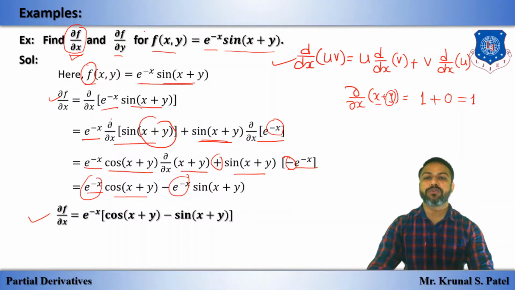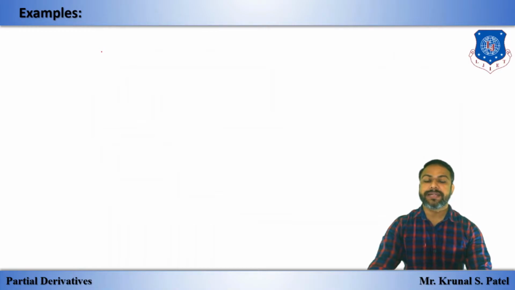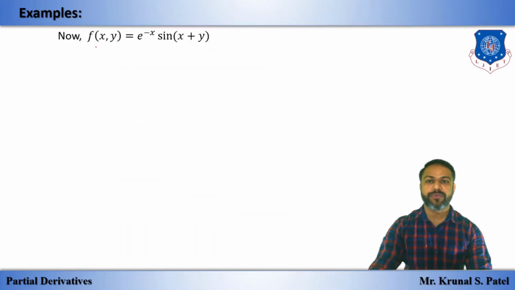In a similar way, now we will find ∂f/∂y, that means differentiation of f partially with respect to y. At that time we will treat x as a constant. So let's have a look. First write down the given function f(x, y) = e^(-x) sin(x + y).